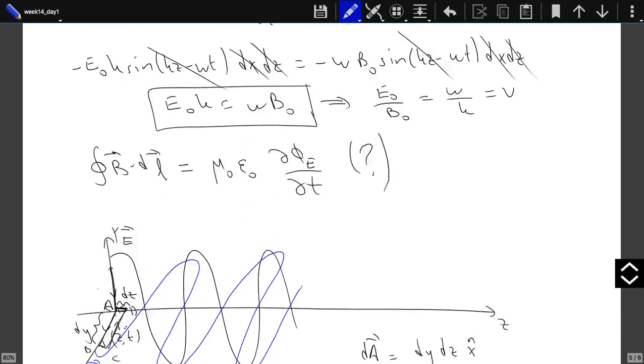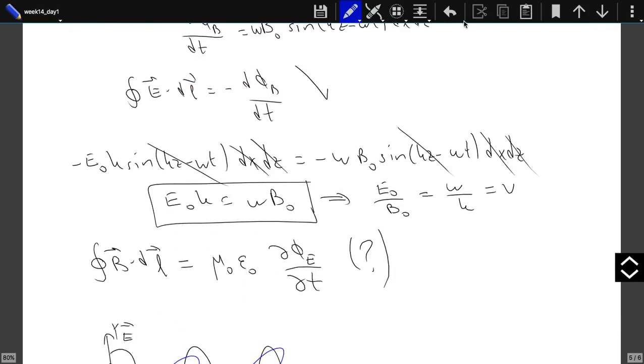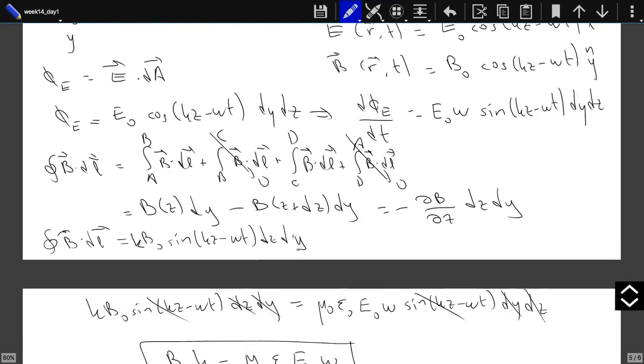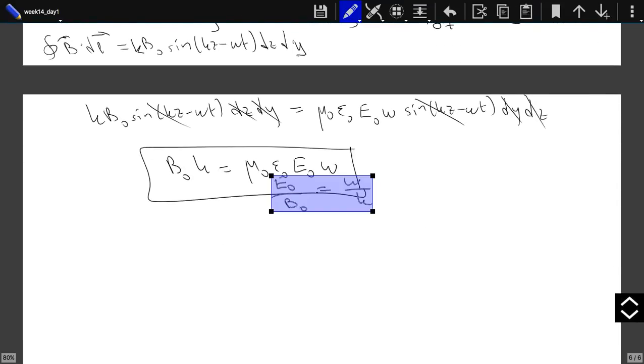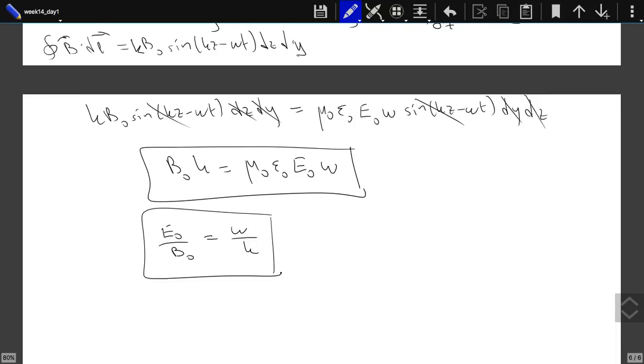Now let's see, we had the previous condition. But now this new relation tells us that E0 over B0 should be equal to K over omega times 1 over mu 0 epsilon 0.